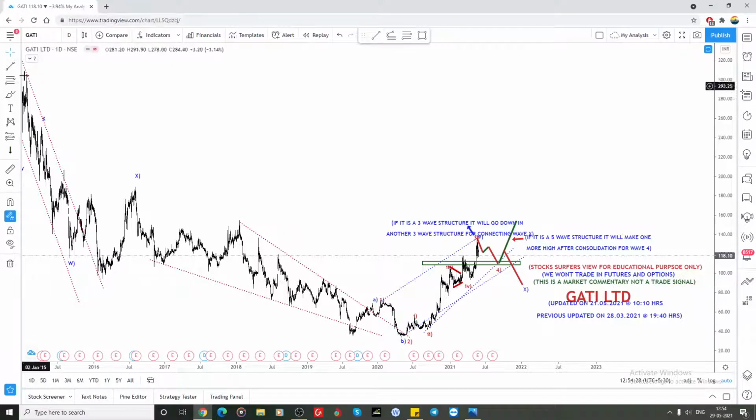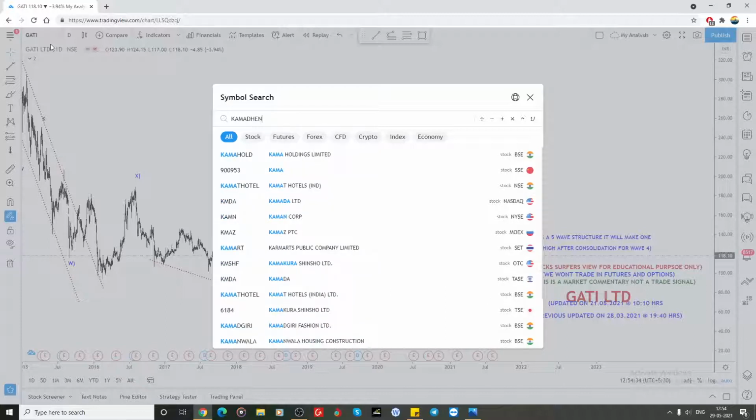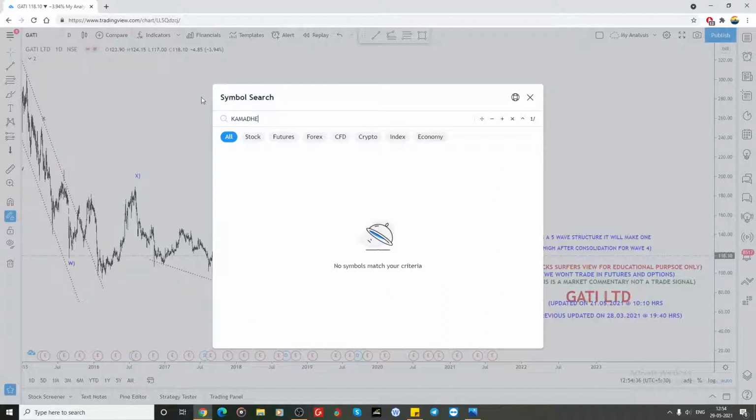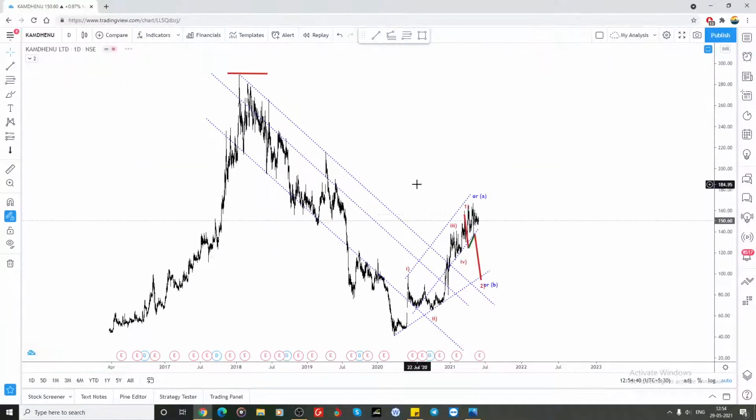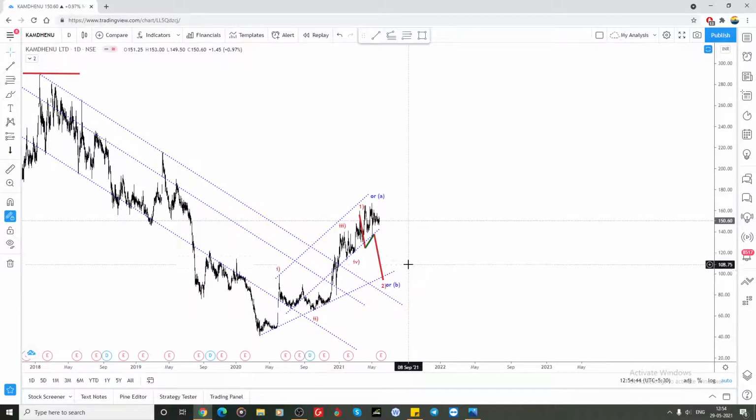So let's see. It's Gati, and Kamdhenu also, there in the steel sector. Same. If it comes in the 3-wave structure, go for the buy.